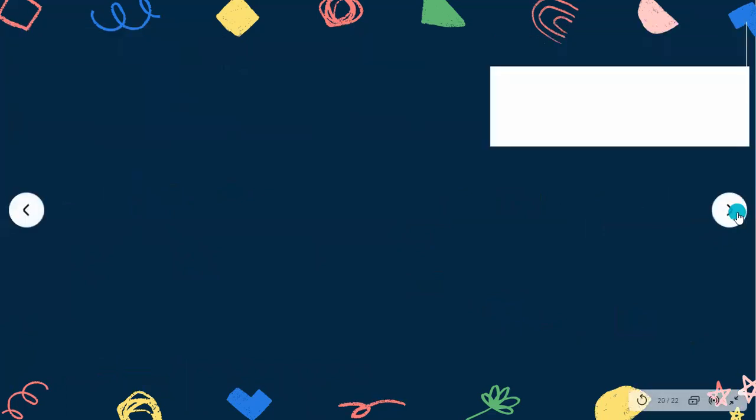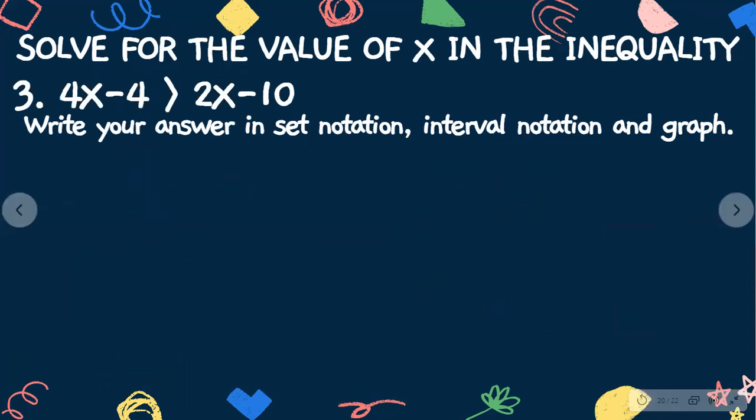Alright, next. Example number 3. 3x minus 4 is greater than 2x minus 10. This one is greater than. Alright? First, let us combine our like terms.